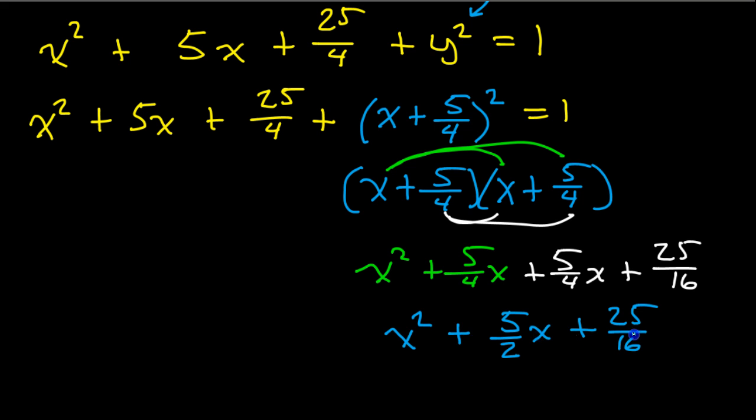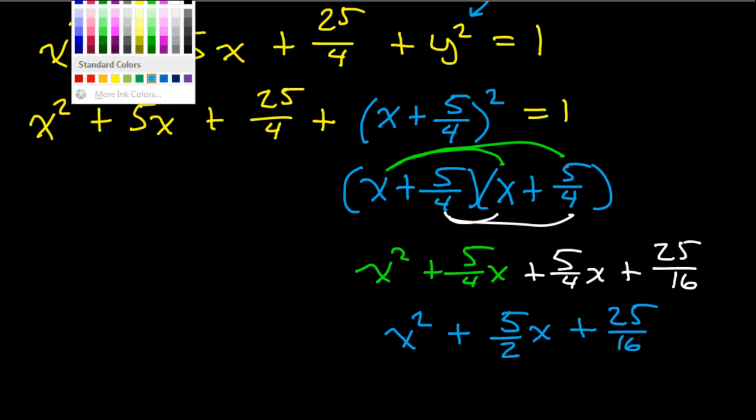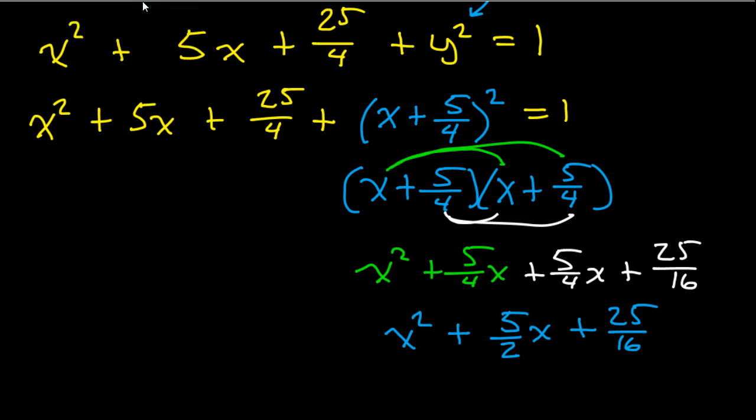Okay, so this is what you get when you multiply out x plus 5 over 4 squared. So I'm going to bring down the rest of the yellow equation. All of this is equal to 1, of course, and then I had my 25 over 4, and I have my 5x, and I have my x squared.